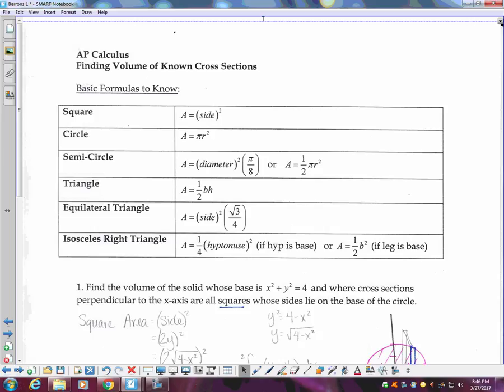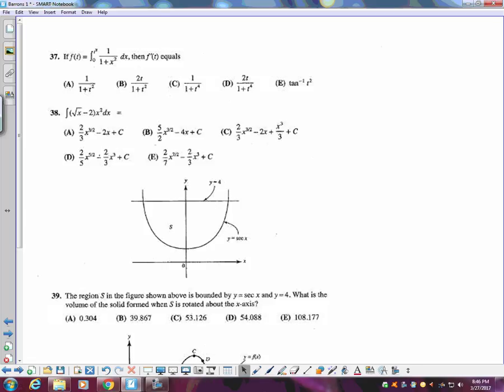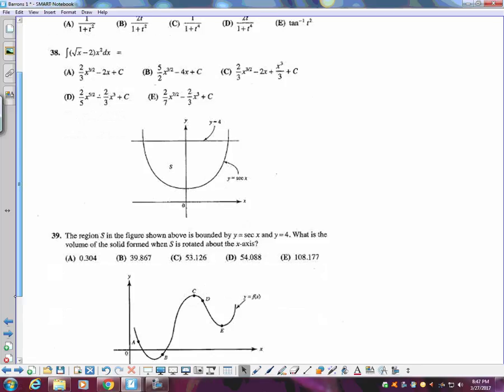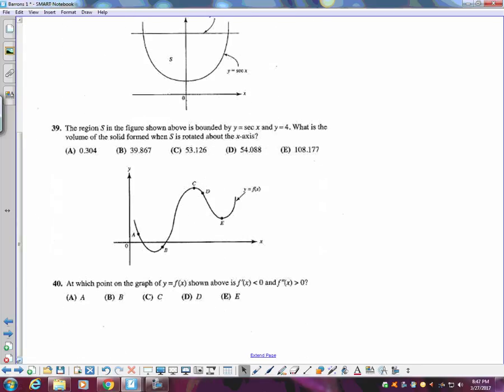Okay, so with that being said, we are going to start Barron's 1, number 39, which has nothing to do with this graph.